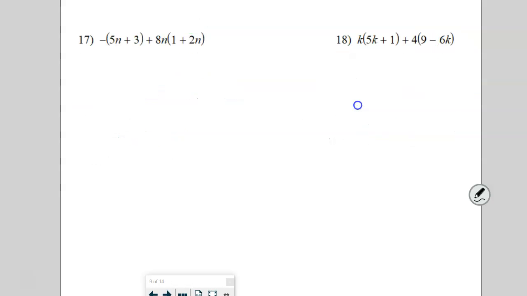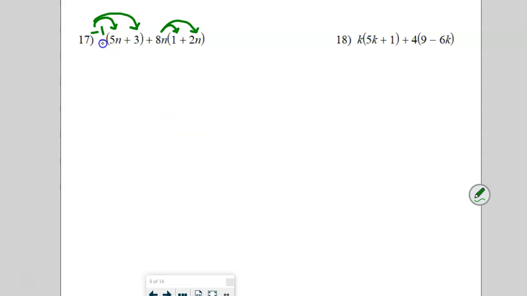Okay, I think we have a couple more, and then we're going to be done after that. So we're distributing the negative, and it's like a negative 1 that you're distributing. So you're multiplying a negative 1 into the first parenthesis set, and then an 8n into the second parenthesis set.